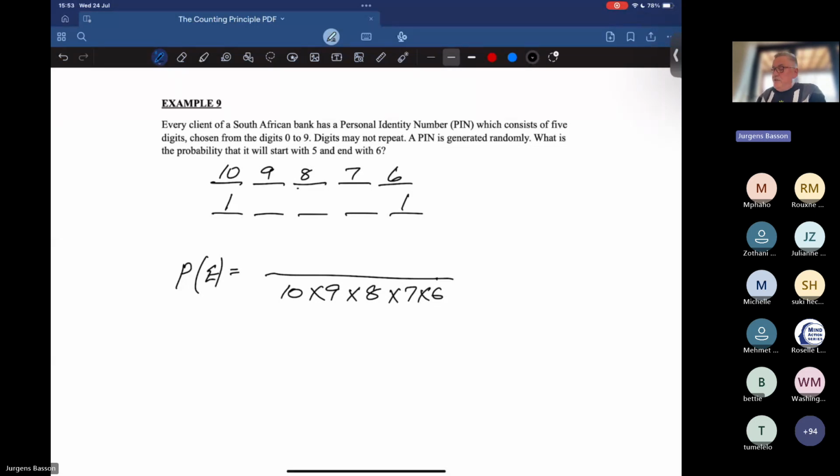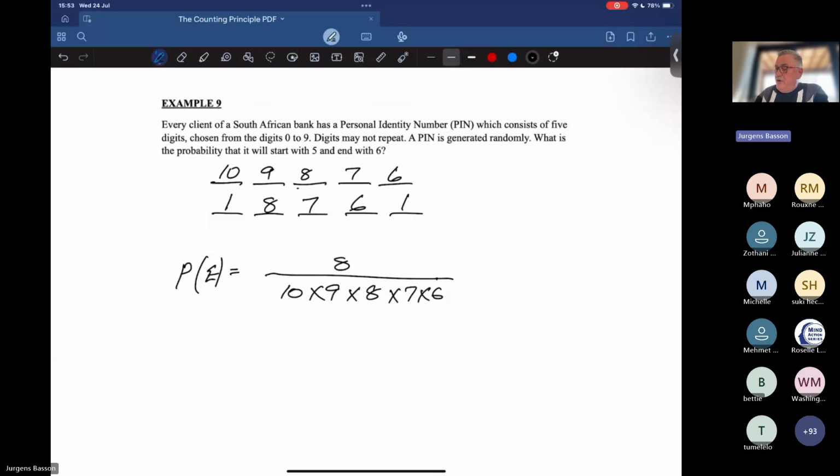So now we do the other 3 from the second position. And you will hopefully agree with me, we've got now only 8 digits left because we already now placed 5 as well as 6. And we are now only left with 8. So we go now 8, 7, 6.